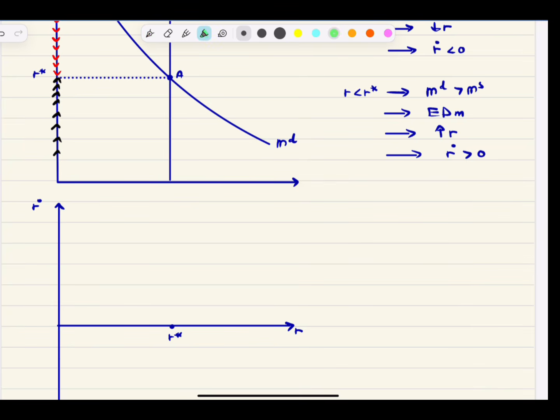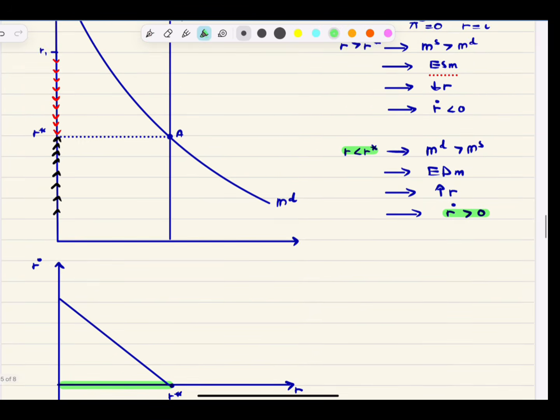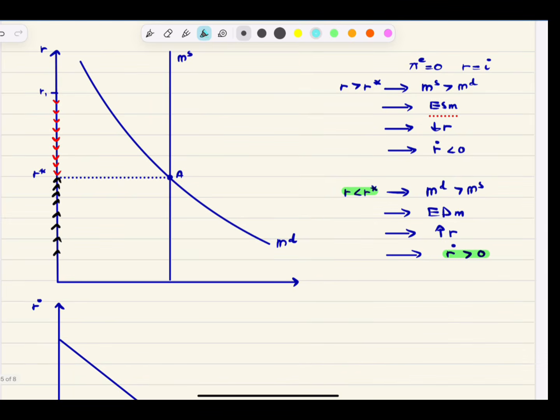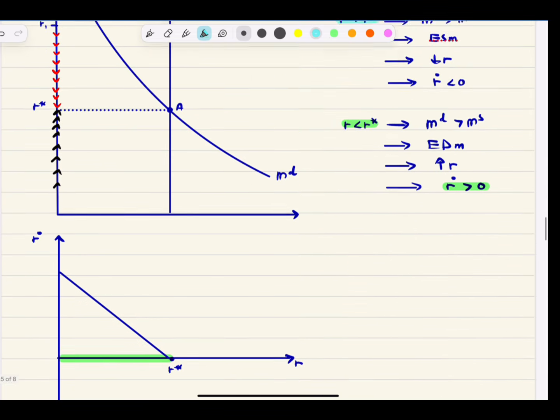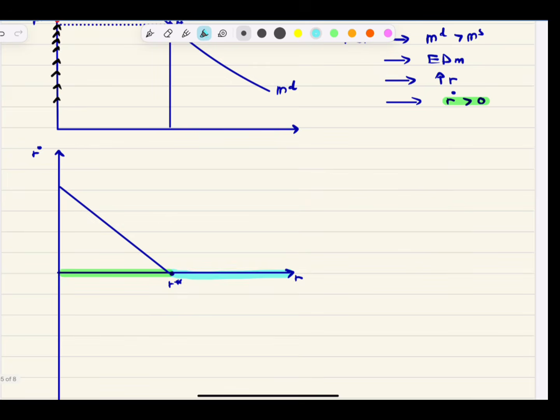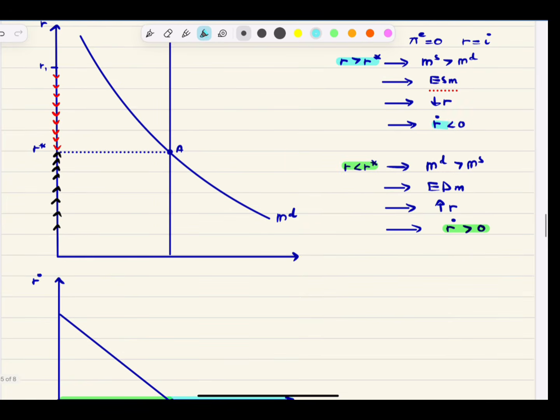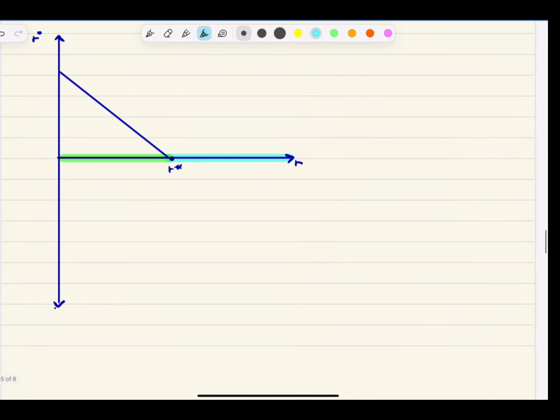So whenever we are on this side, R dot should be greater than 0. And whenever R is greater than R star, so basically this region, we're going to have R dot less than 0. So therefore the line goes like this.